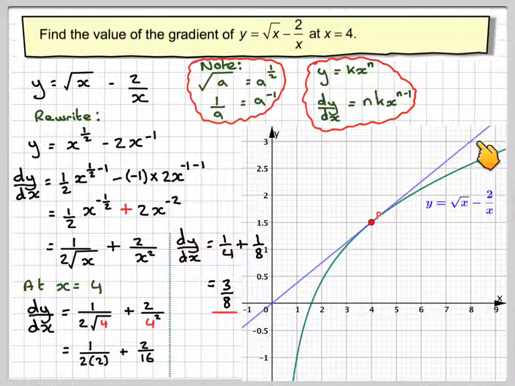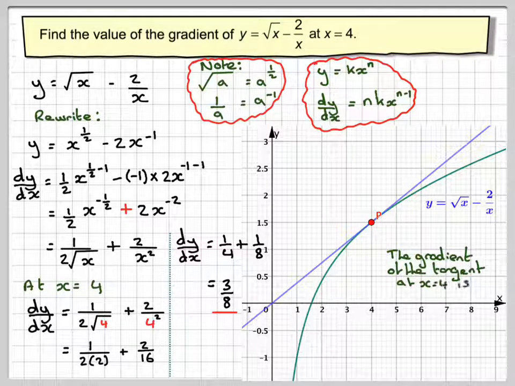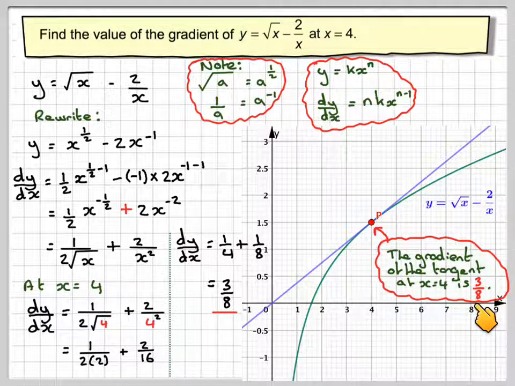Or even better, if you look at this one here, this is 8, this is 3, 3 divided by 8 will give me 3/8. So the gradient of the curve at that point is given by the gradient of the tangent drawn at that point. So the gradient of the tangent at x equals 4 is 3/8.